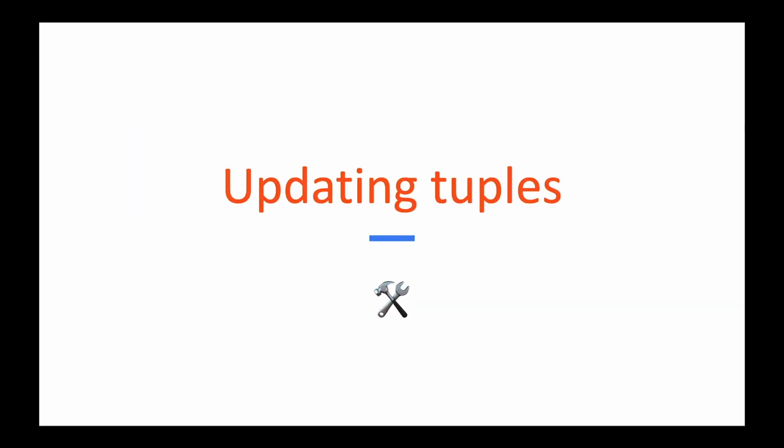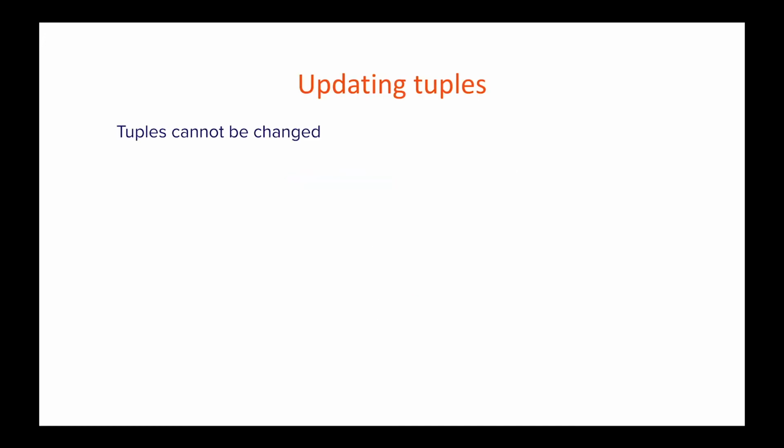All right, so as we know, tuples cannot be changed. But of course, there are ways to kind of get around that if we want to, for instance, add an element or remove an element to and from a tuple. Okay, so tuples cannot be changed, but we can actually create new tuples from existing tuples.